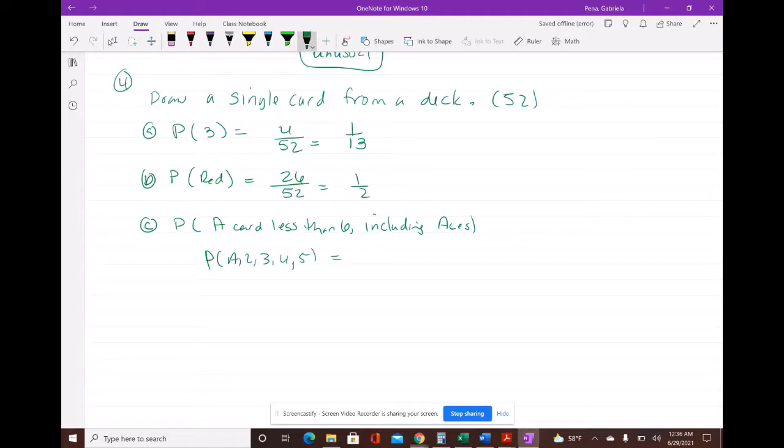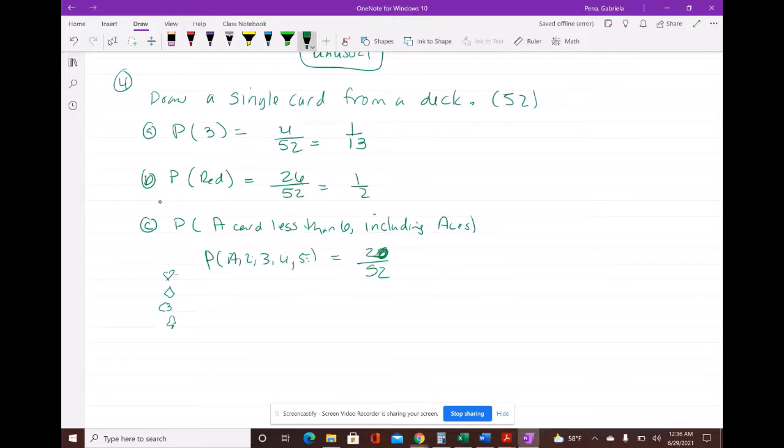It's because these are my cards below 6. That's 1, 2, 3, 4, 5. But remember, I have 5 hearts, 5 diamonds, 5 clubs, and 5 spades. So that means I have 5 times 5, 5 times 4 is 20.